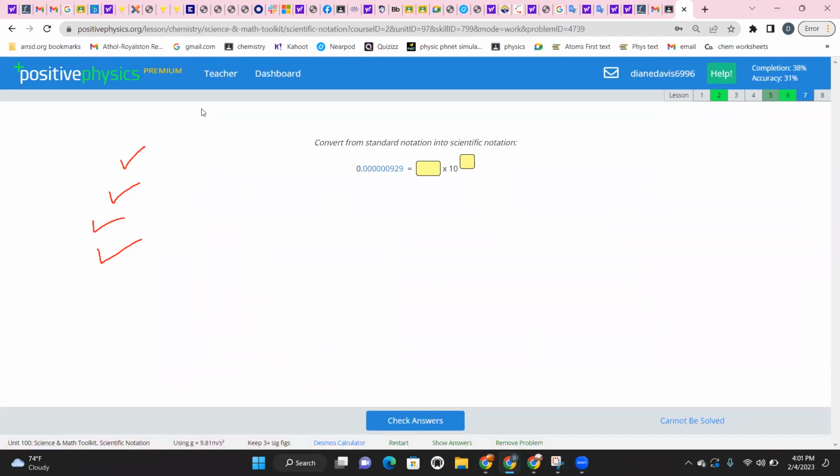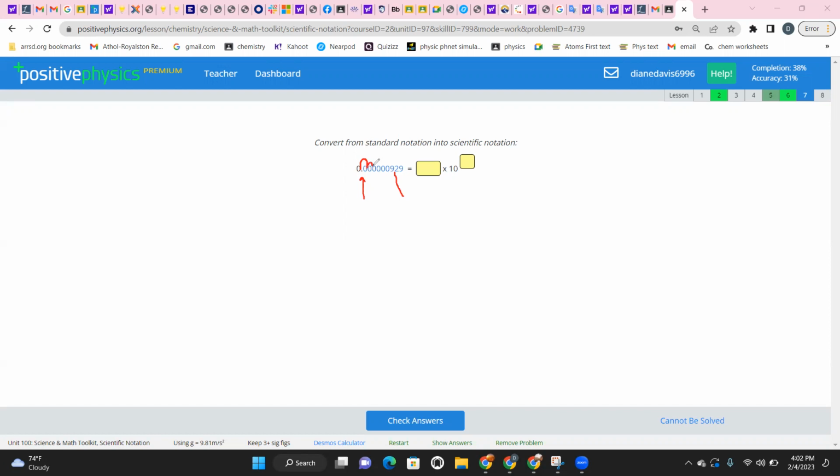Okay, here's another variation of problem. So before we were going from scientific notation to expanding it, right? And now it's putting it into scientific notation. So you want to take that decimal point and move it so it has one digit to the left of the decimal point that is significant. So you count how far you would have to move that over in between each zero.